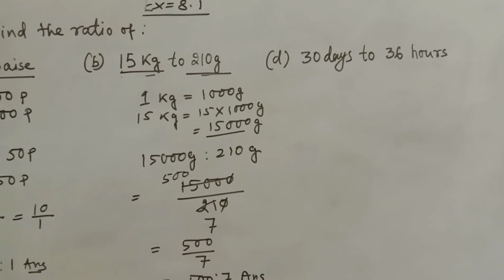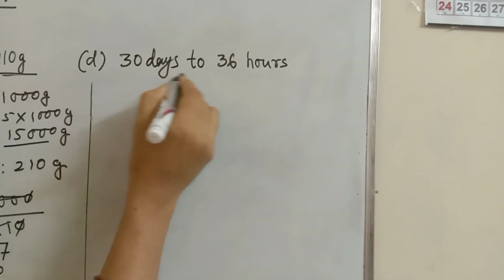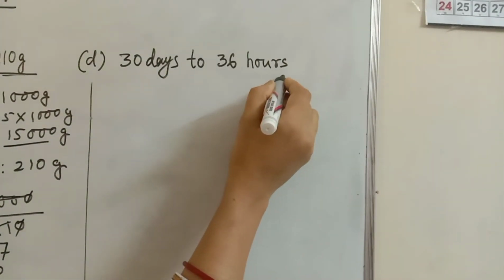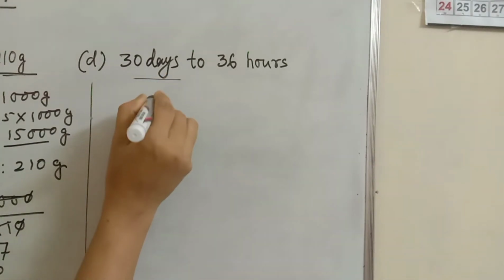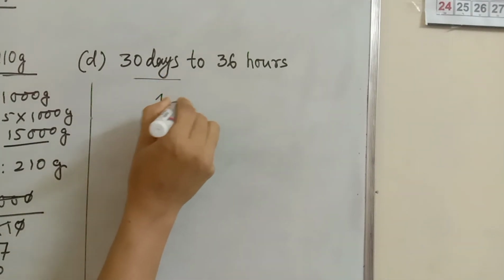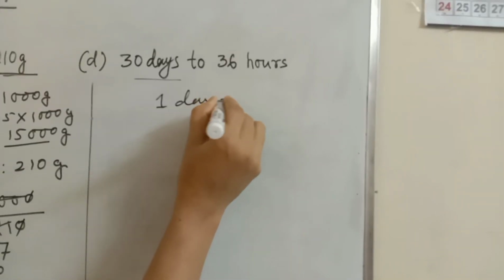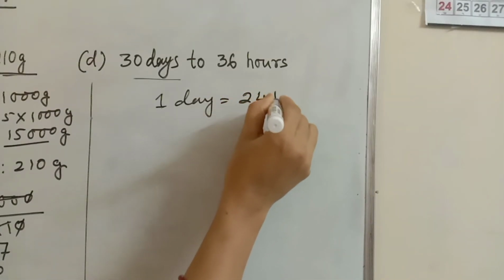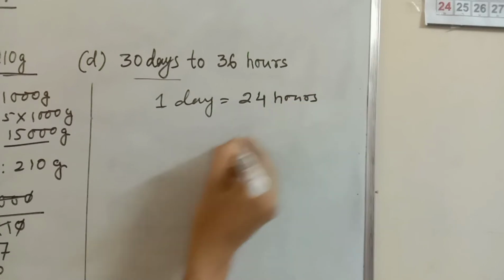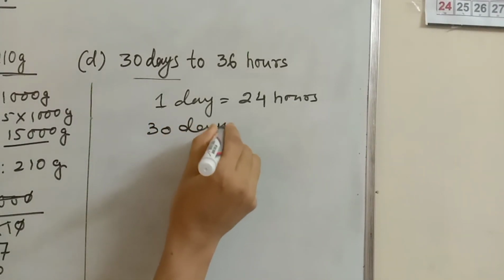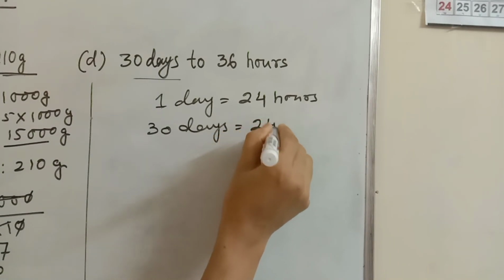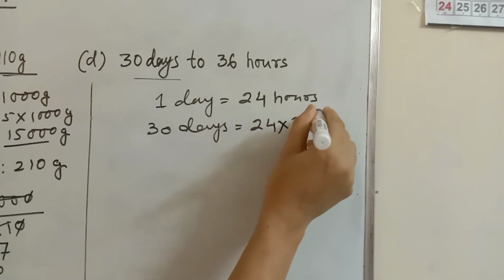Next question is 30 days to 36 hours. 30 days, you can convert into hours, as you know that one day is equal to 24 hours. So 30 days equal to 24 into 30 hours.